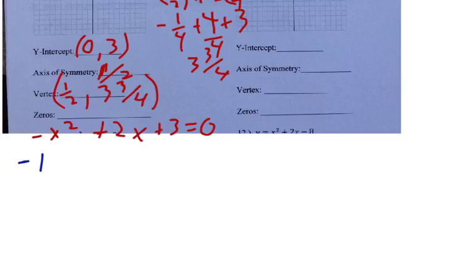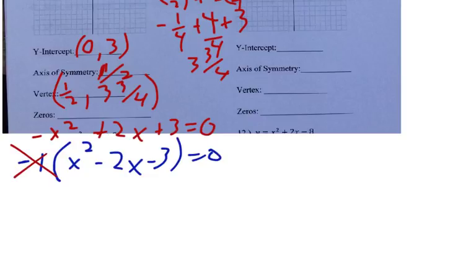If you don't do it this way, you can just do the quadratic formula, but I want to factor out the negative 1 and see if I can just use AFM to factor them. If I factor out a negative 1, it just changes all of those signs. So that becomes x squared minus 2x minus 3. And then I can simply ignore that negative 1 because it doesn't have an x, so it's not going to be useful right now.